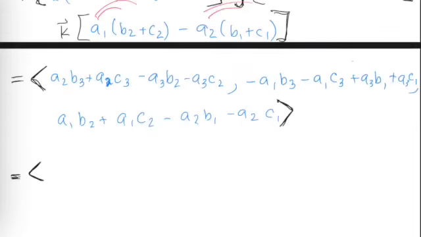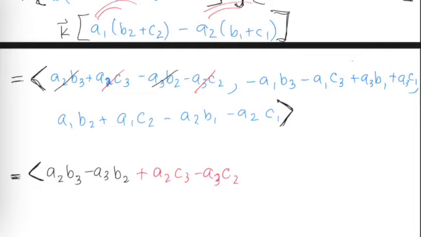Can we rearrange the terms of these components to match what we're headed towards? So let's see, A2B3 and then minus A3B2, and then to that let's add the other two components, which is A2C3 minus A3C2, and it does look like we're going to be able to get there.